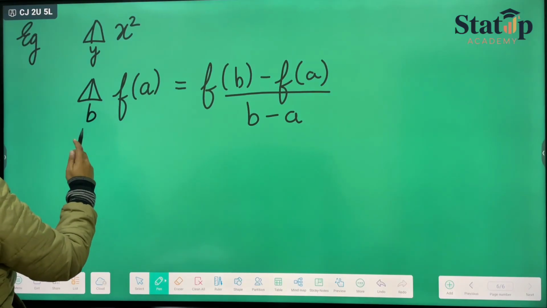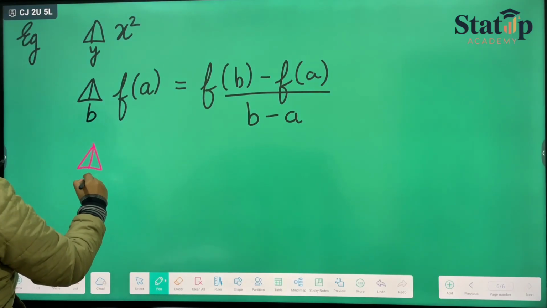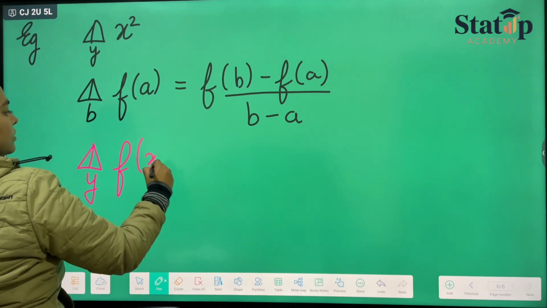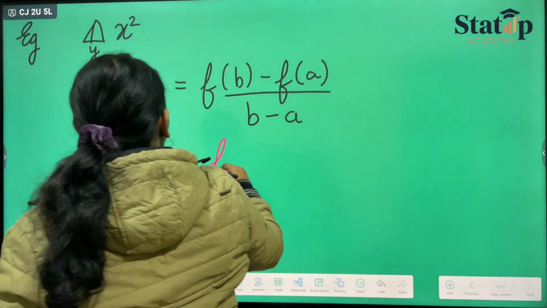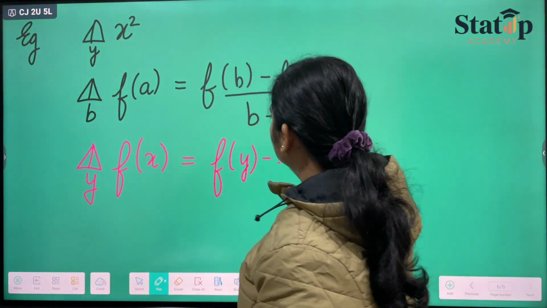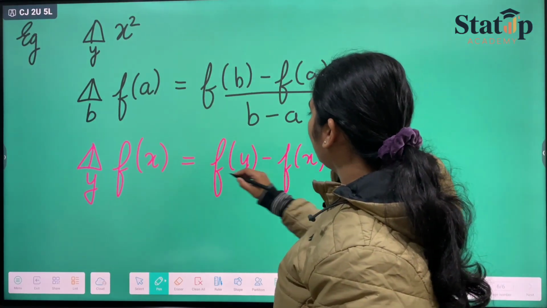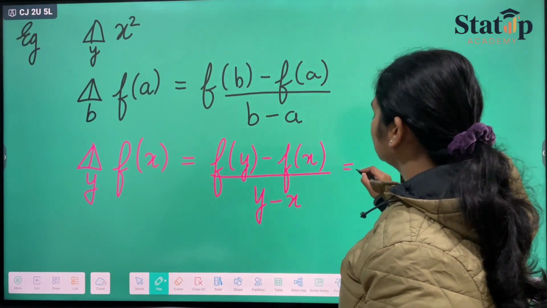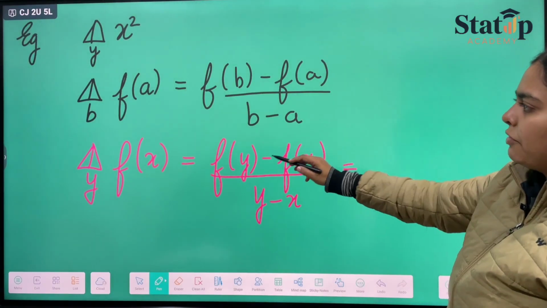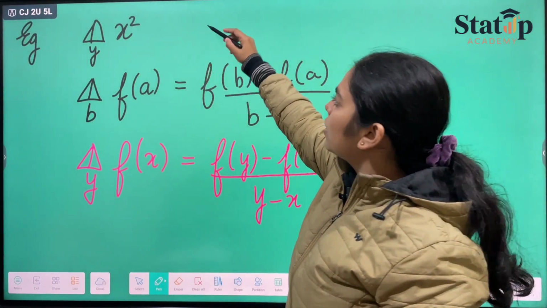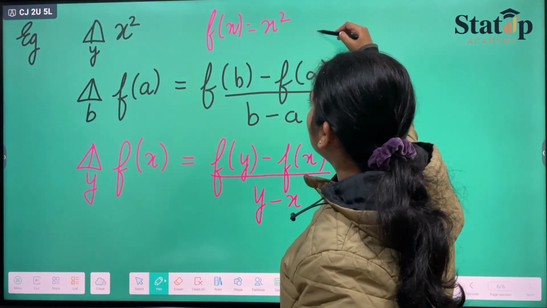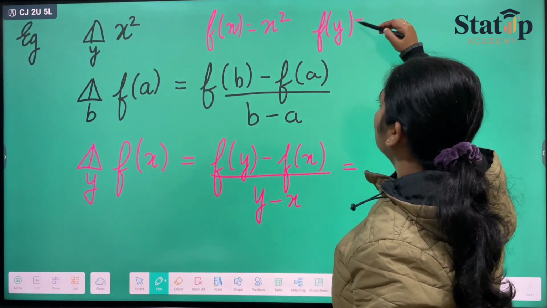Delta y of f x will be equal to f y minus f x upon y minus x. So if f x is equal to x square, then f y will be equal to y square.